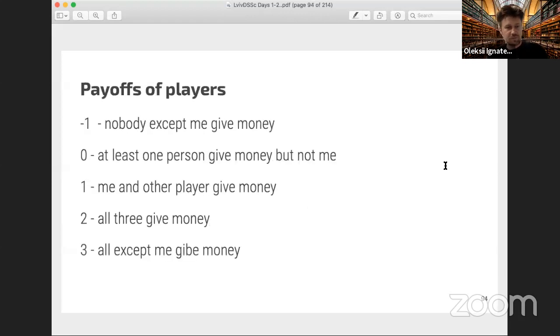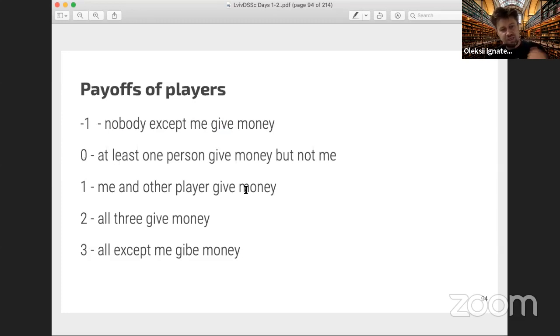So suppose that we define the payoffs of players like this. If only I give money, only my money is given, then it's the worst possible choice, so I get -1 if I pay and nobody else pays. If at least 1 person gives money but not me, or nobody does, then it's 0.